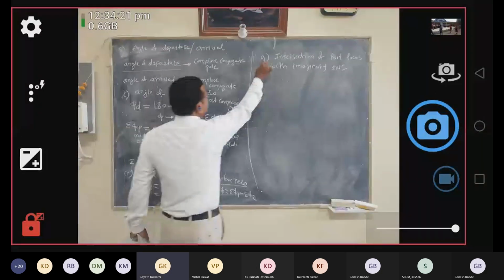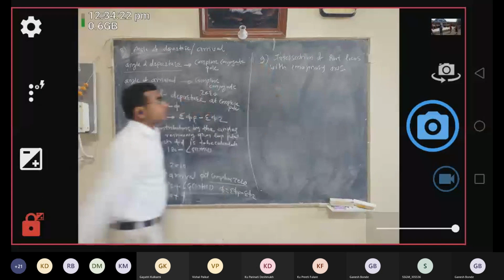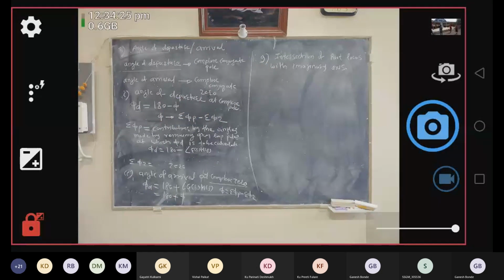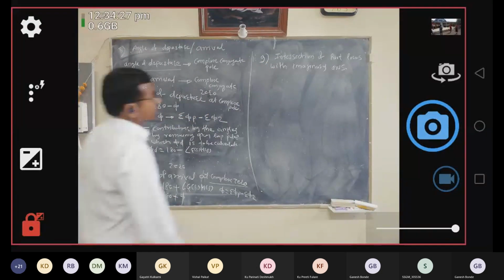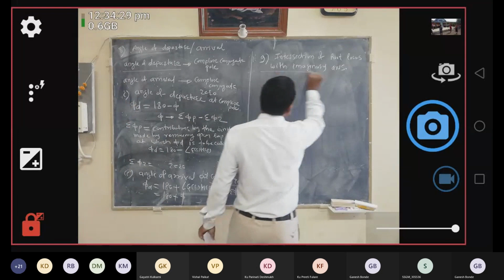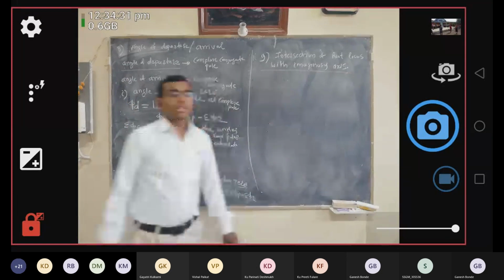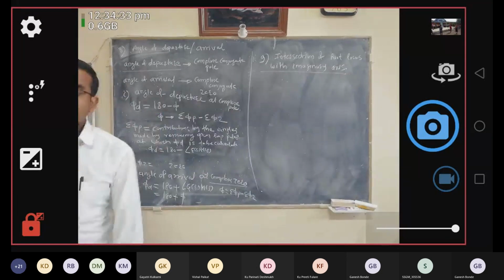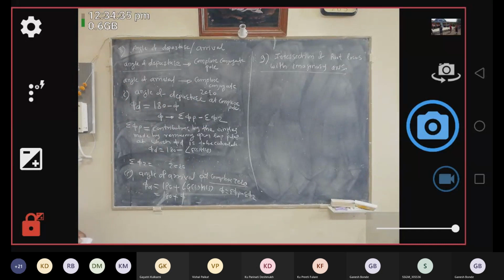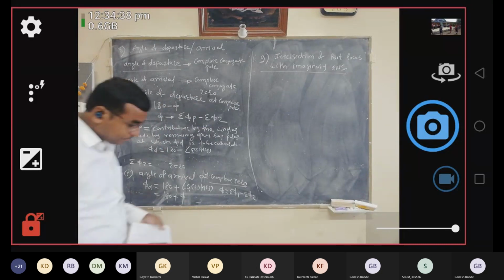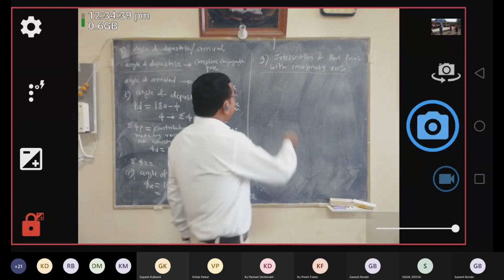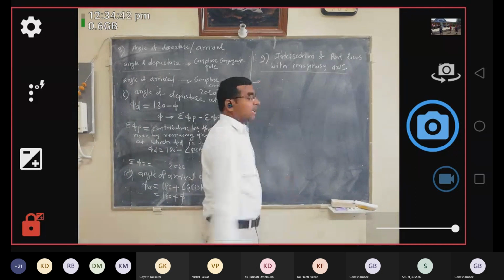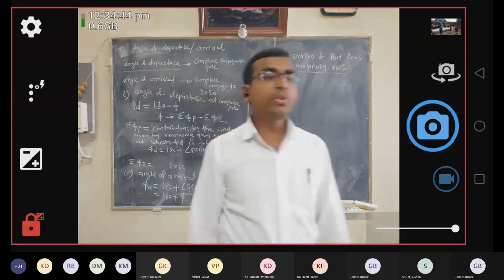So give the last step, that is intersection of root locus with the imaginary axis. How to determine the intersection of your root locus branches with the imaginary axis? For that purpose we have already seen the method, that is the root array method.